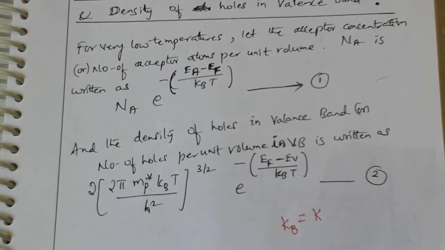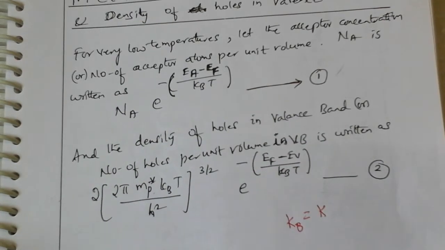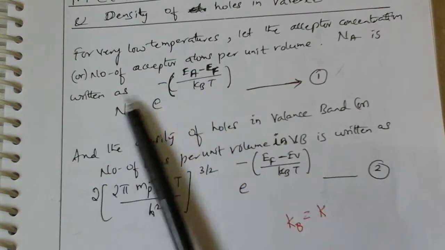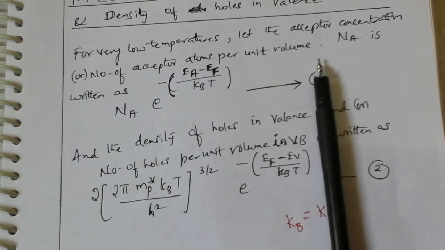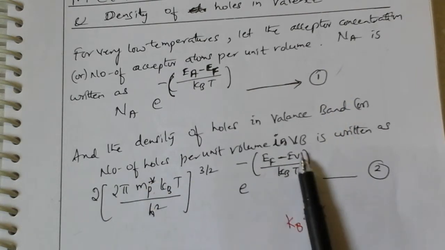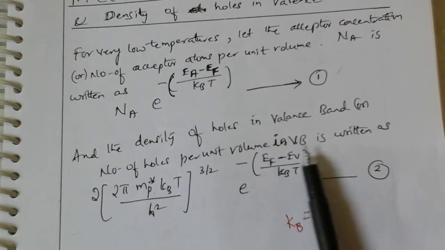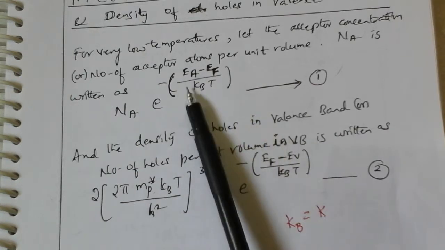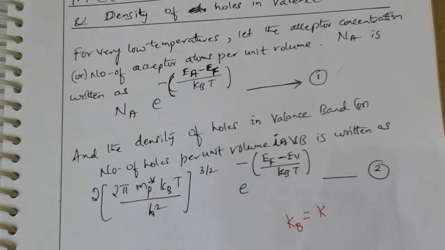Next, the number of acceptor atoms per unit volume equals the number of holes per unit volume in the valency band. This equation and this equation we are making equal.